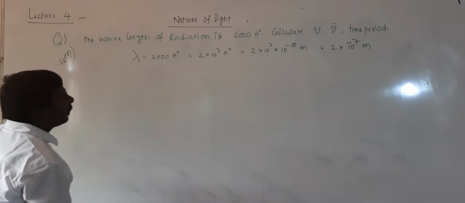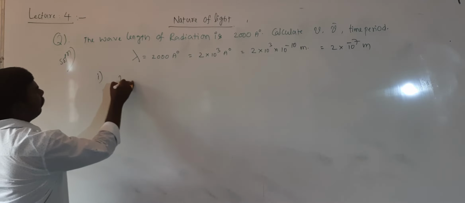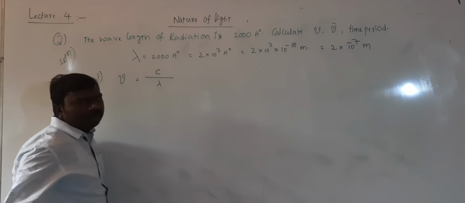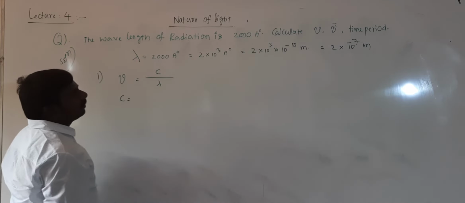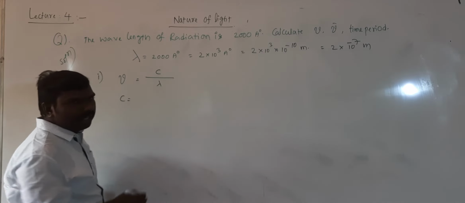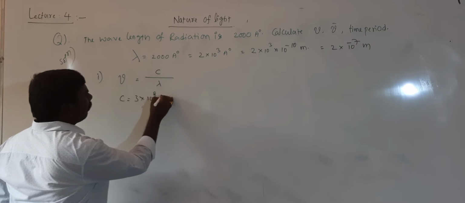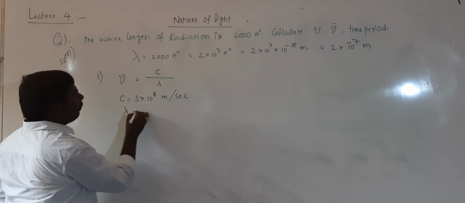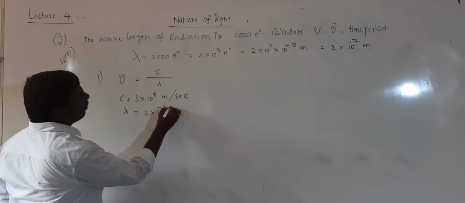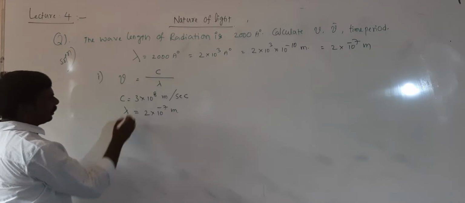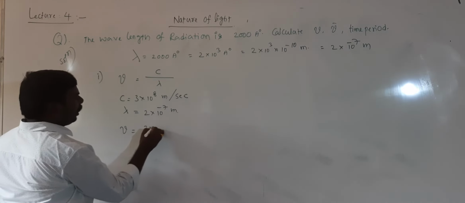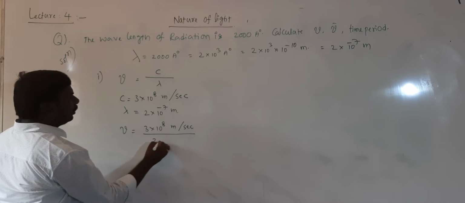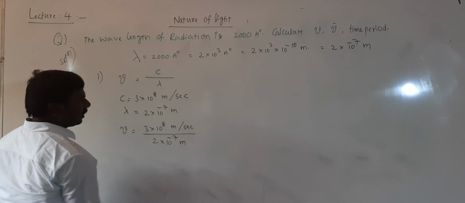Now, first question is frequency. Frequency nu equal to c by lambda, where c, the velocity of light, is 3 into 10 to the power of 8 meter per second, and wavelength is 2 into 10 to the power of minus 7 meters. Substituting, 3 into 10 to the power of 8 meter per second by 2 into 10 to the power of minus 7 meters.